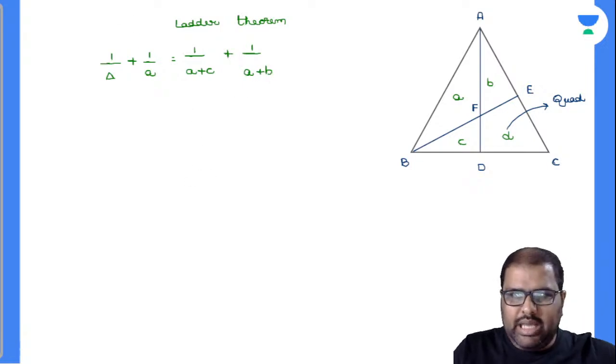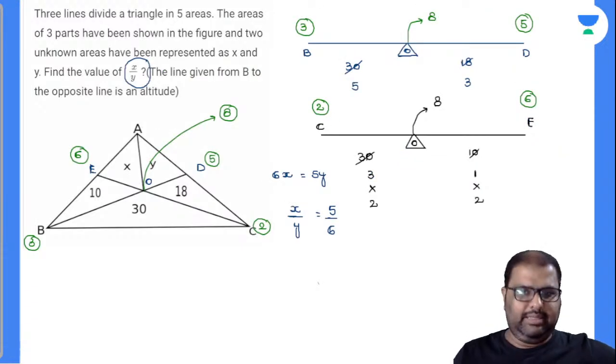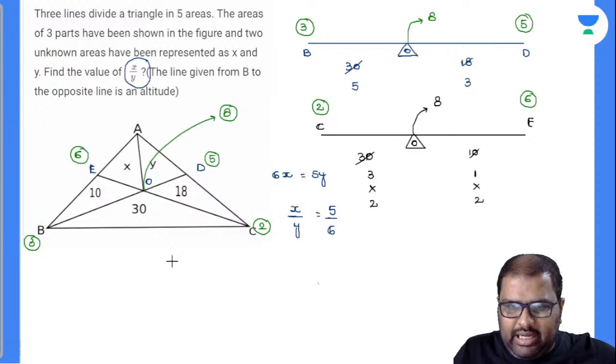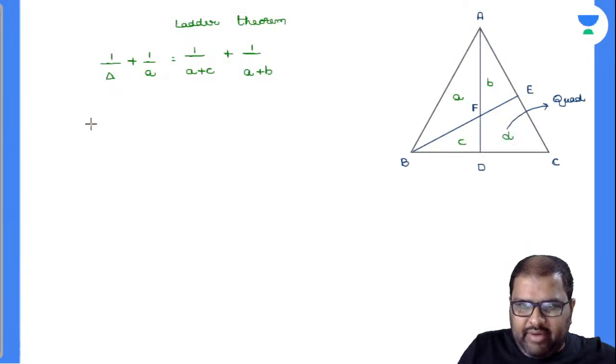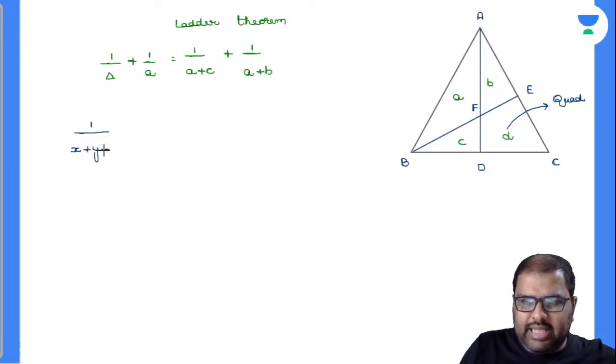See, I will solve the same question from the previous slide. Now the total area of the triangle ABC is 10 plus 30 plus 18 plus x plus y. So 1 divided by x plus y, 30 plus 10 is 40, plus 18 is 58. This is the total area of the triangle.